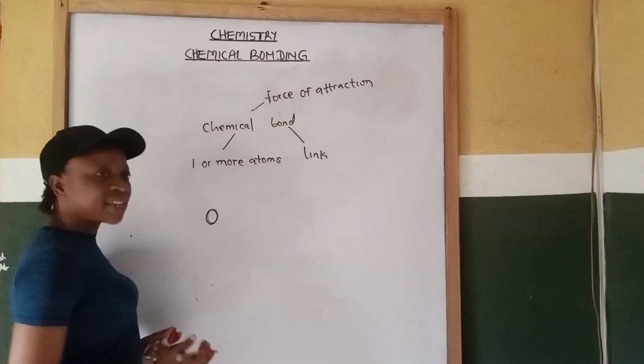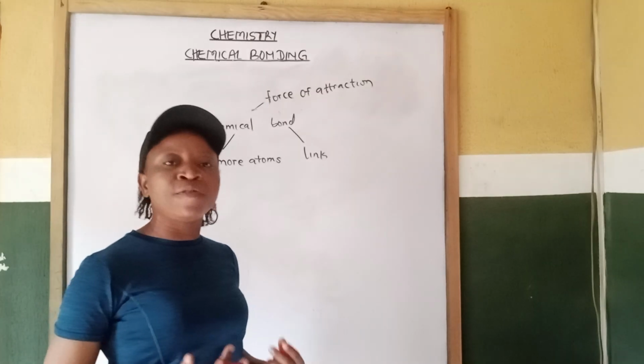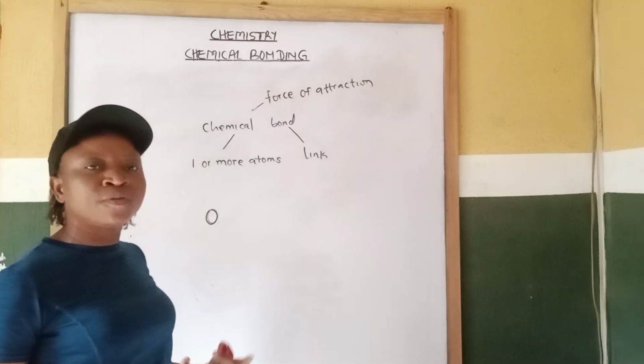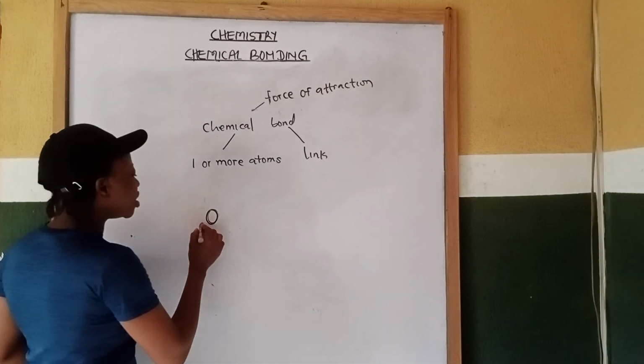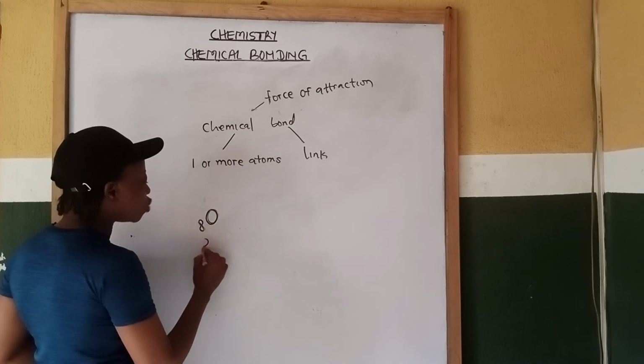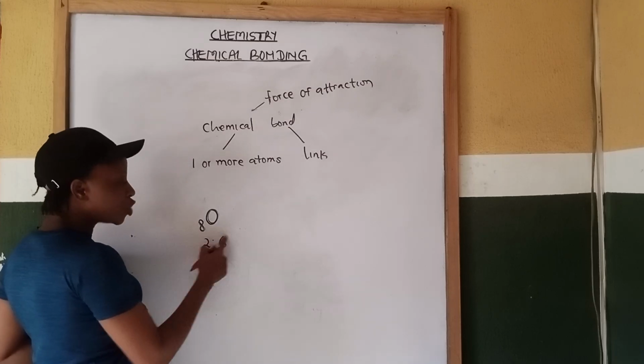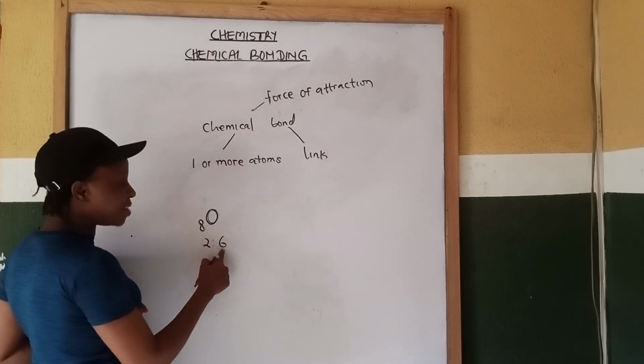Oxygen is a non-metallic atom. Why? Because it has 6 valence electrons. Oxygen is number 8, so the electronic configuration of oxygen will be 2, 6. 2 plus 6 will give us 8. So this 6 is the number of valence electrons.